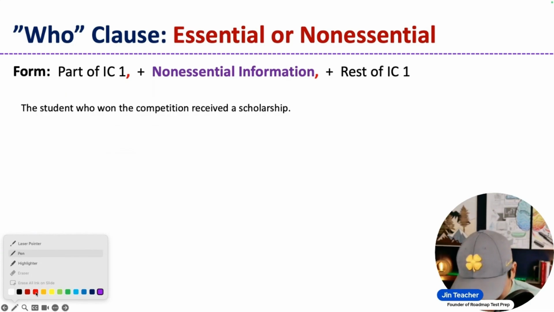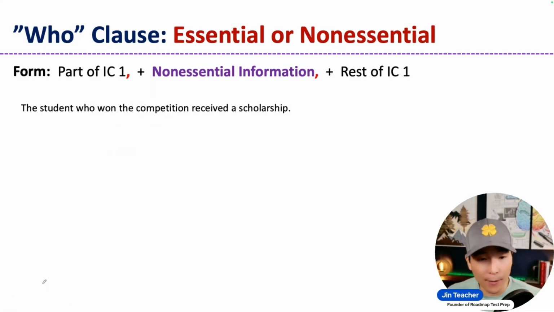Now, why is it essential here? Because we talked about earlier, one of the characteristics of non-essential information is, well, hey, if you remove the non-essential information from the sentence and you read the sentence, the meaning remains the same, right? Well, if we read the sentence without the who information, we're testing whether it's essential or non-essential.